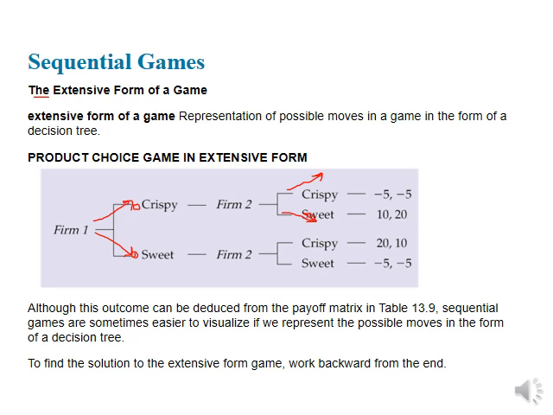Similarly, if firm 1 makes a sweet cereal, firm 2 has the same choices, crispy or sweet. This ends the game, firm 2's choice ends the game, and we can see the payoffs based on both firm 1 and firm 2's choices at the end of this game tree.